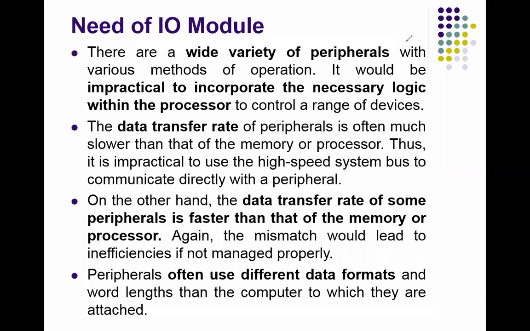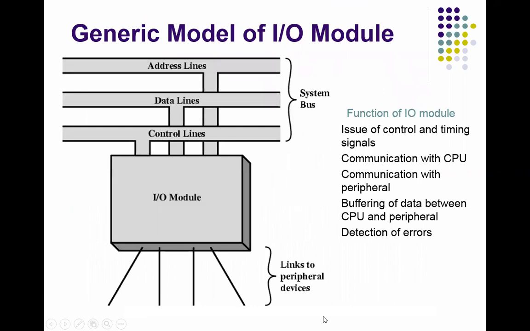Obviously, because each device has a different data transfer rate, if you could not manage all these devices, it would be inefficient. So we have to control this range of devices. How can we control this range of devices? With the help of this input output module.